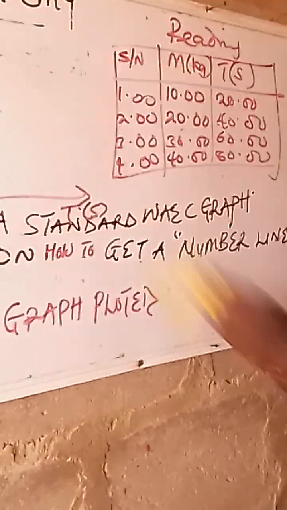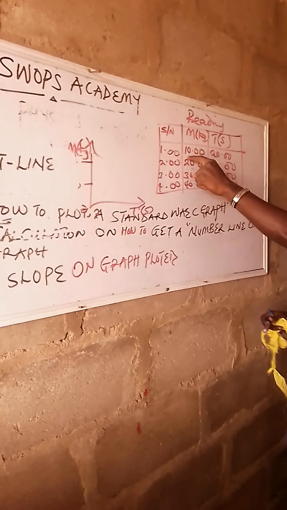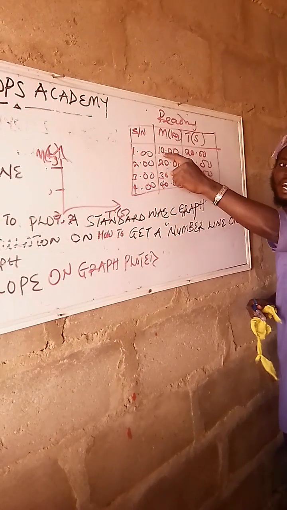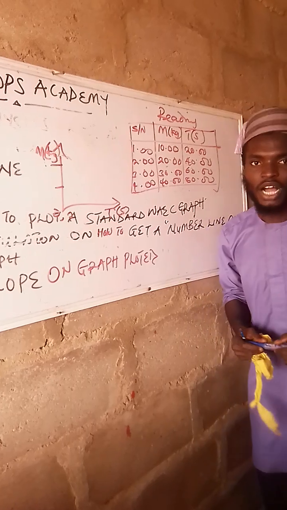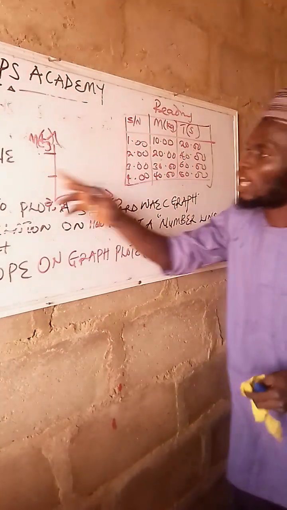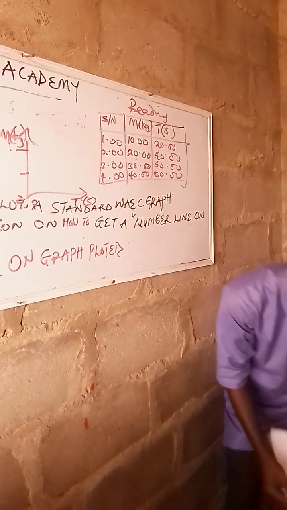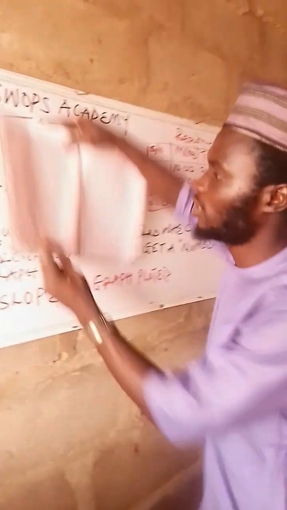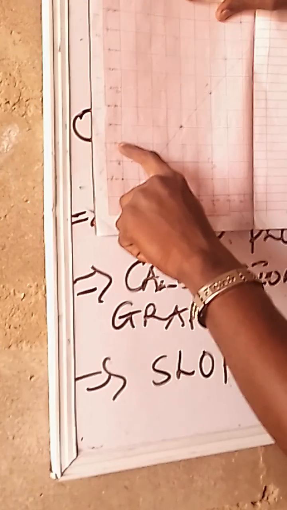How are you going to do it? Just check. In order to form a reading here, check which one is the highest and which one is the lowest. 10 is the lowest, 40 is the highest. You now formulate a reading here. You can start, but don't start exactly like this. You can put 5 here, 10 here, 15.